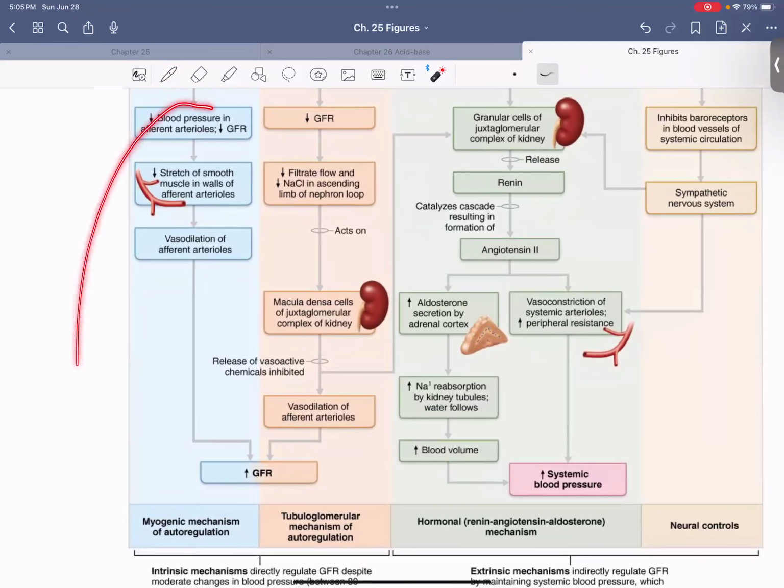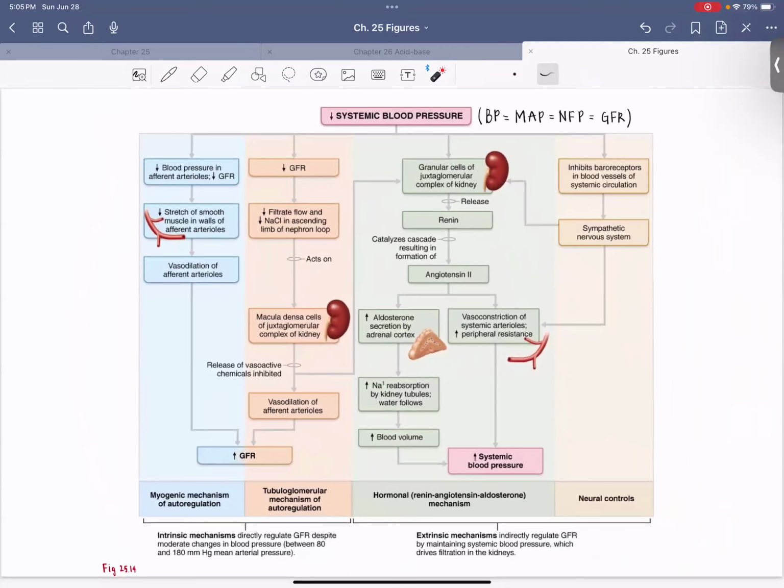This myogenic mechanism occurs in response to the degree of stretch on the afferent arteriole, which feeds into the glomerulus. And then the second mechanism is this tubuloglomerular feedback mechanism. These are both, again, intrinsic mechanisms. So they serve to keep the glomerular filtration rate constant despite fluctuations in the blood pressure.